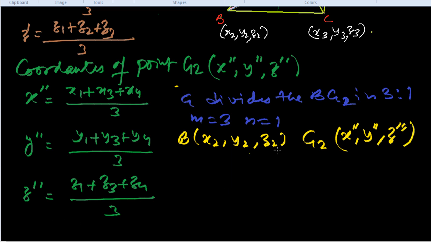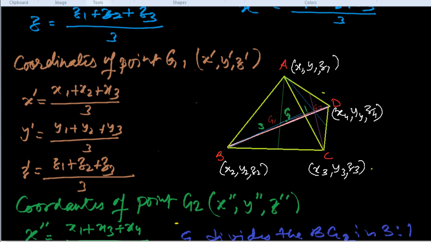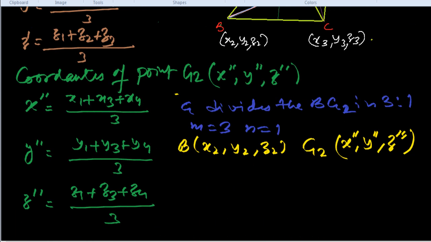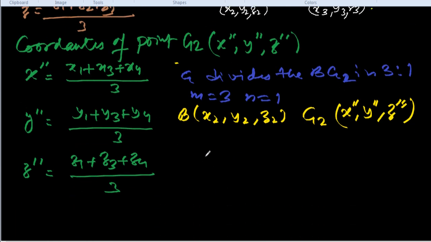So now we could easily find X, Y, Z, the coordinates of this G. X is equal to (3 times X'' plus 1 times X2) over (3 plus 1).